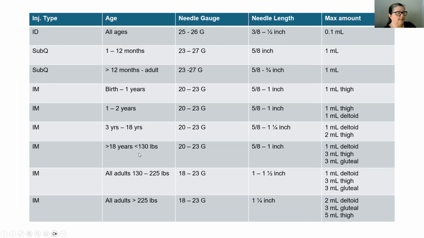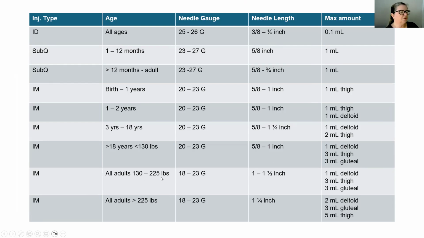Anybody that's over 18 and less than 130 pounds, you're looking at the same gauge, 20 to 23, 5/8 to 1 inch, 1 ml in the deltoid, 3 mLs in the thigh, or 3 mLs, and this is up to, of course, in the glute or the behind.